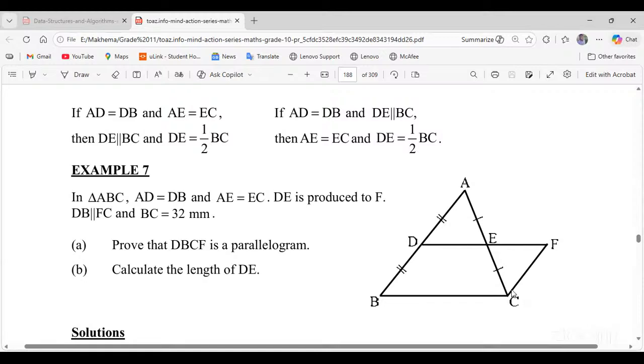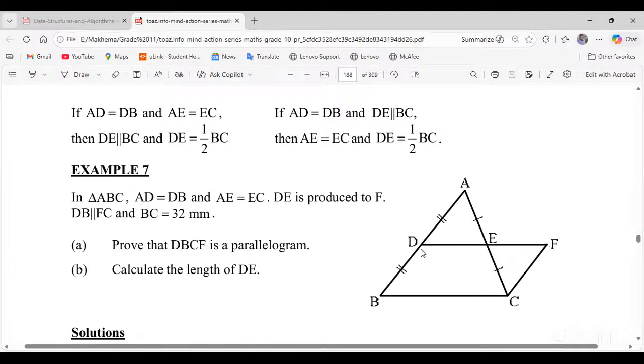Then DE is produced to F. There is F there.